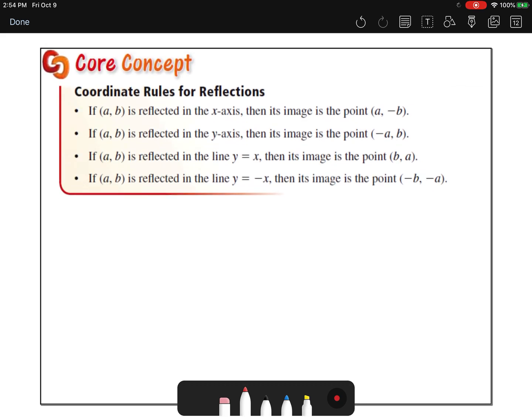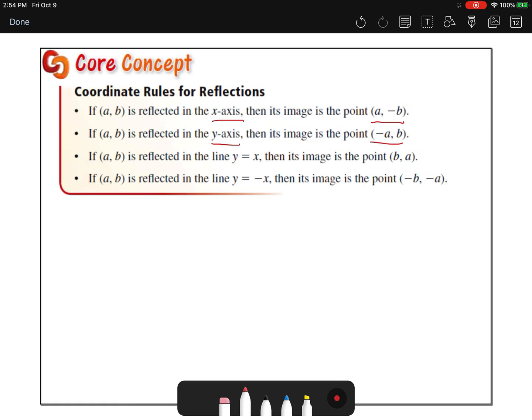Okay, now the general rules, and this is really nice, actually. If we reflect it on the x-axis, all we do is make the y negative. If we reflect it on the y-axis, we make the x coordinate negative.